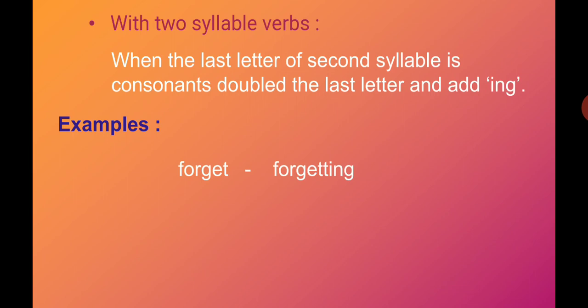Now here, what is the last letter of the second syllable? T. If we want to make it the present continuous form of the verb, then what can we do? We write T two times and then ing. Then it will be in a present continuous form.